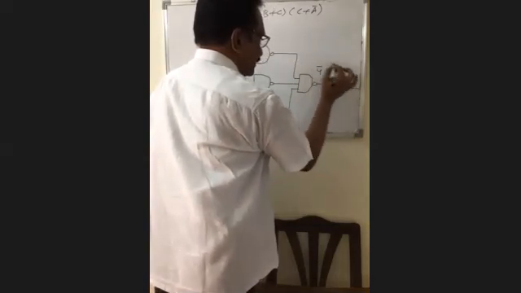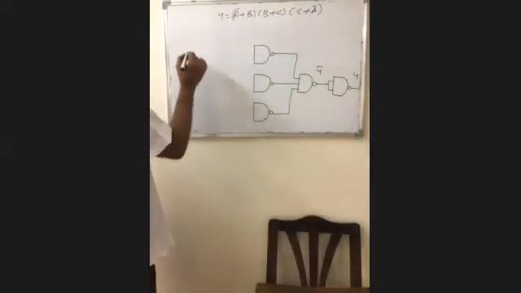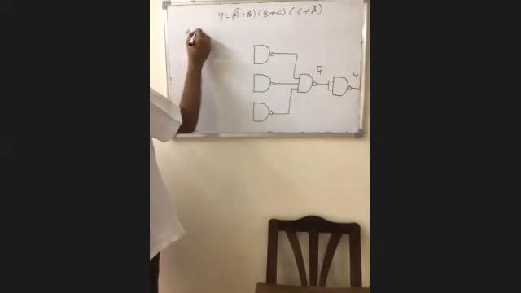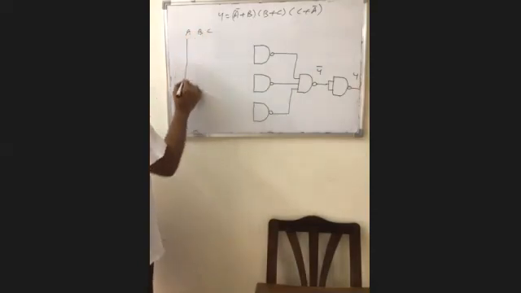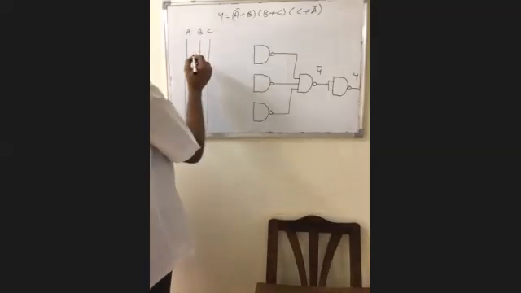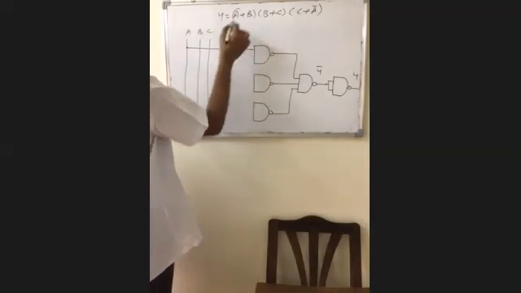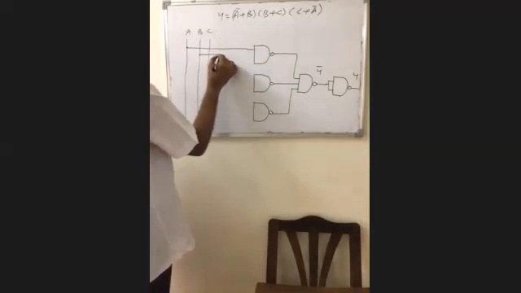This is Y bar, actually, and this is Y. And complement each input variable. Say for the first one, A bar, so connect A only. Next, B, so connect B bar. Use a single input NAND gate.